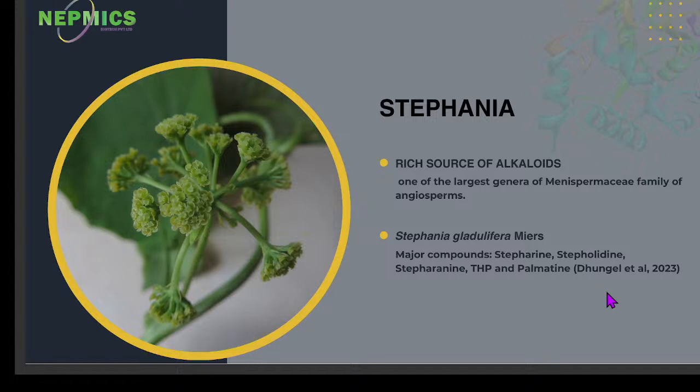and we performed different methods, for example column chromatography, high performance liquid chromatography, and fractionation as well.